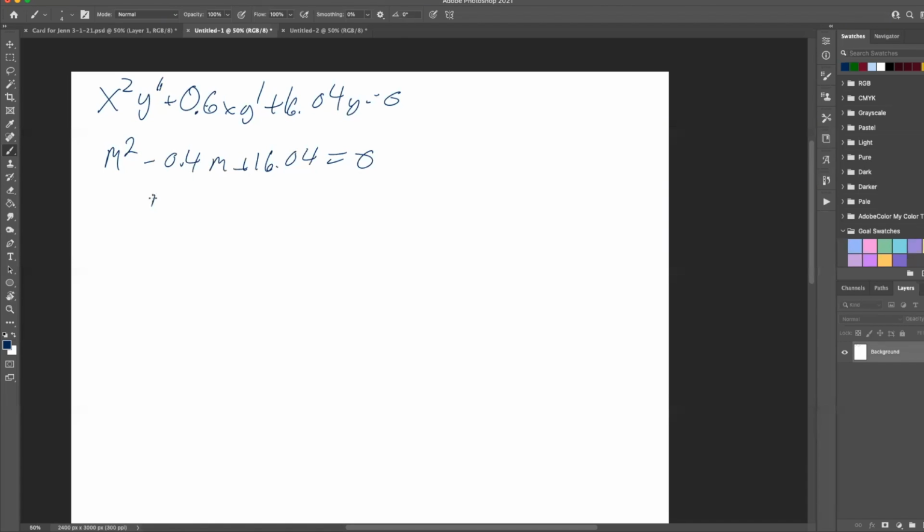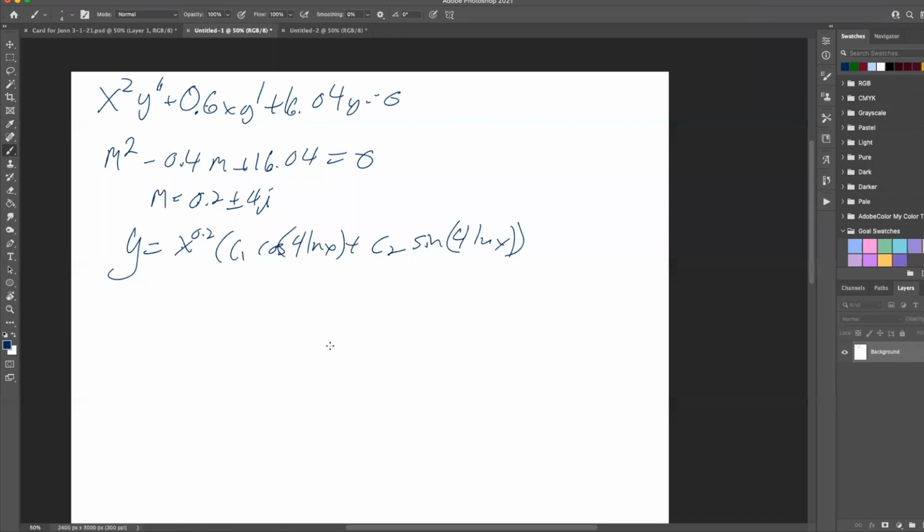All right, so that means m is equal to 0.2 plus or minus 4i. And so our general solution here would be x to the 0.2, x to the real part, times c1 cosine of 4, that's what my beta is, ln of x, plus c2 sine of 4 ln x. And that's it.